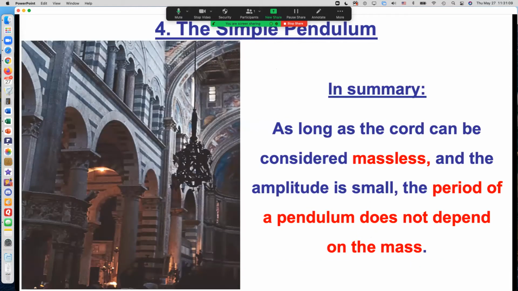So, in summary, as long as the cord can be considered massless and the amplitude is small, the period of a pendulum does not depend on the mass.